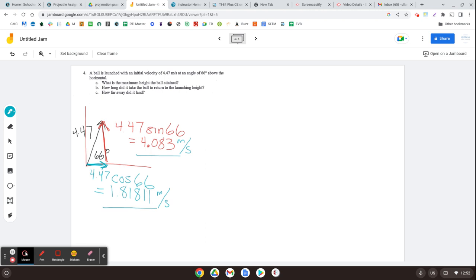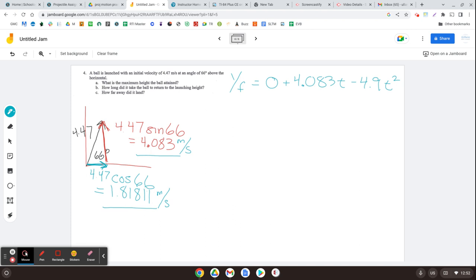Okay, so once again, we're going to go right to this y final. Let's just talk about the height. Well, that's y initial, which is 0, plus the y component, so that's our velocity, 4.083t, minus 4.9t squared.